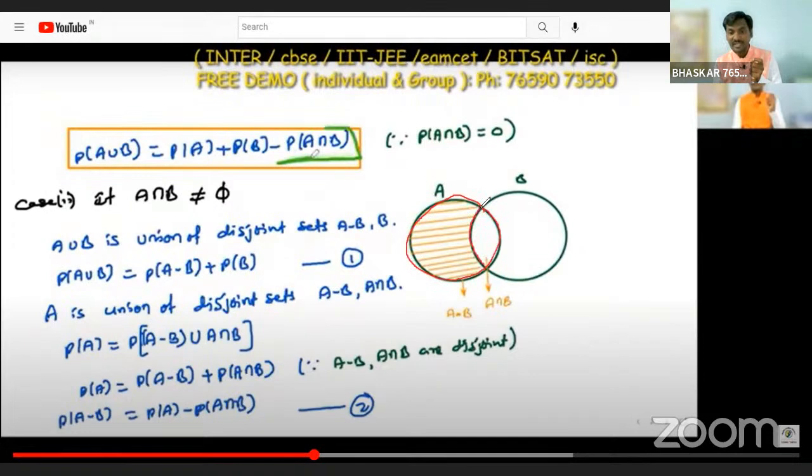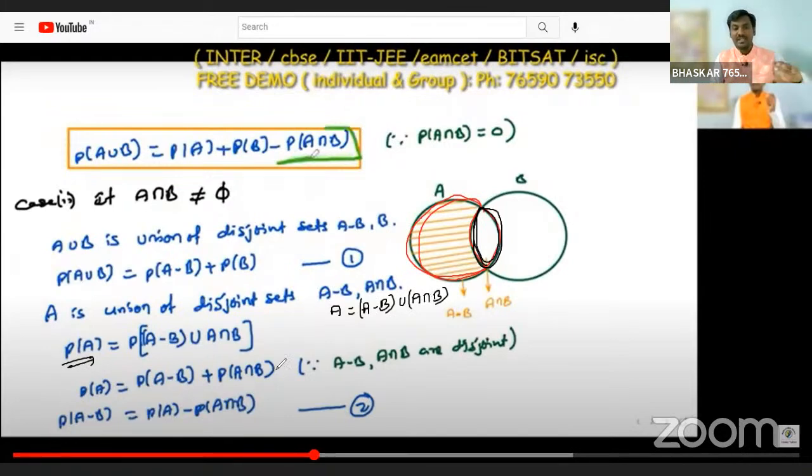One part is A minus B, and another part is A intersection B. If we combine these two disjoint sets, we get the complete A. Without probability, just set-wise, we can write A is equal to A minus B union A intersection B.